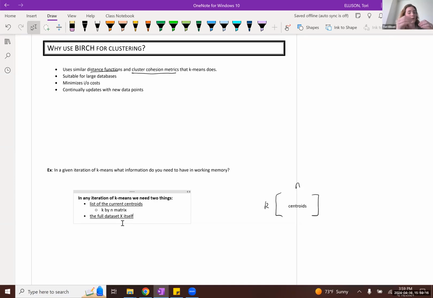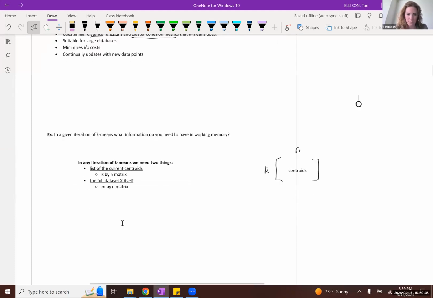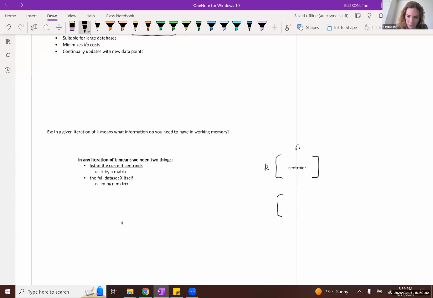In order to reassign every observation in the data set to a given cluster, we need to have every single one of those observations in the full data set X. So at any given iteration of k-means, we would also need to be storing our m by n matrix X.